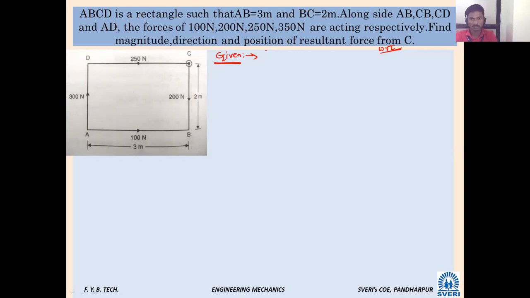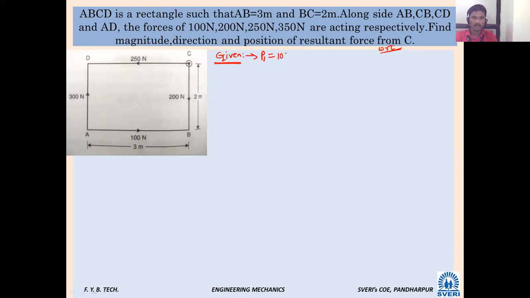Which force you want to consider as P1? 100 Newton. Any force, tell me which force we should assume.